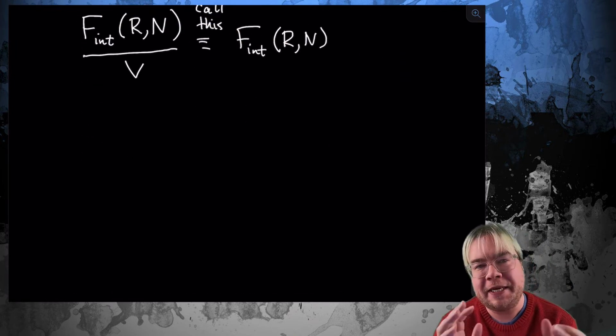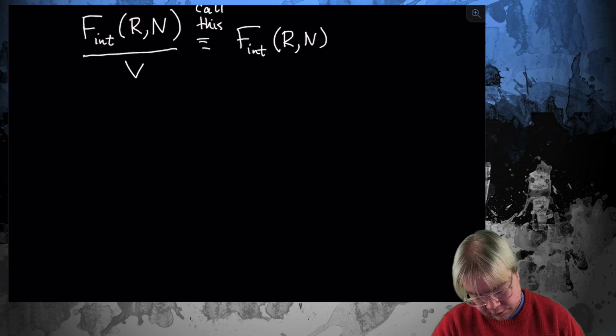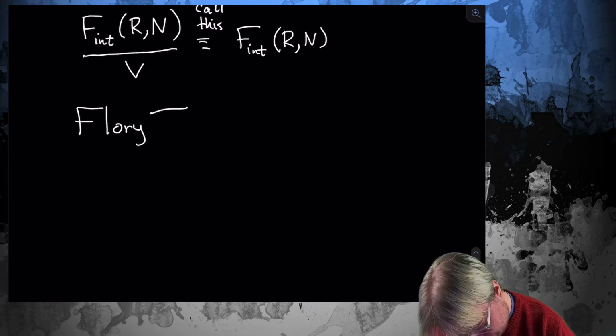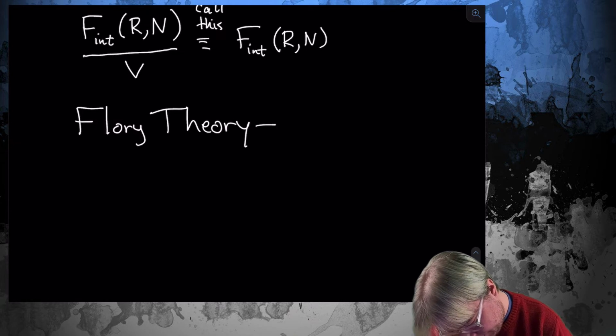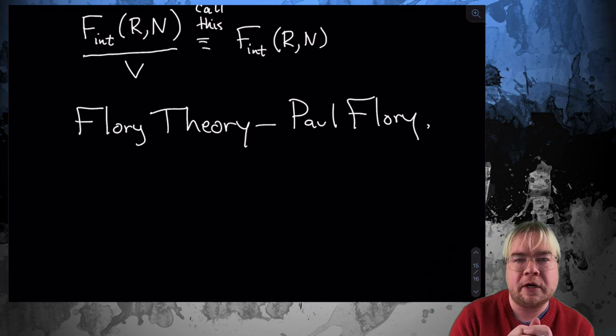So what are we going to do? Well, we need the free energy of a real polymer chain. So this is the Flory theory that we're going to use today. It's by Paul Flory, Nobel laureate in chemistry for his work on polymers.